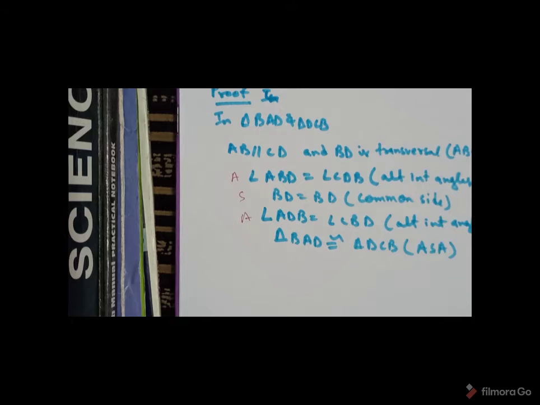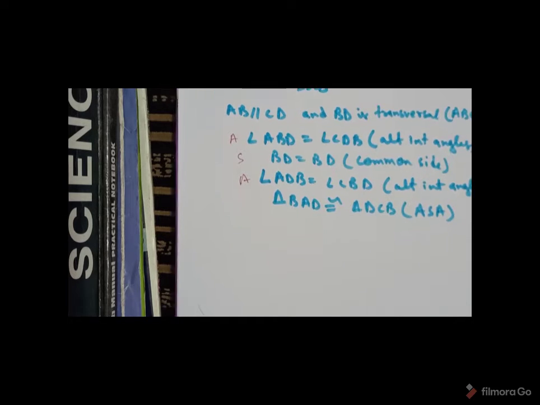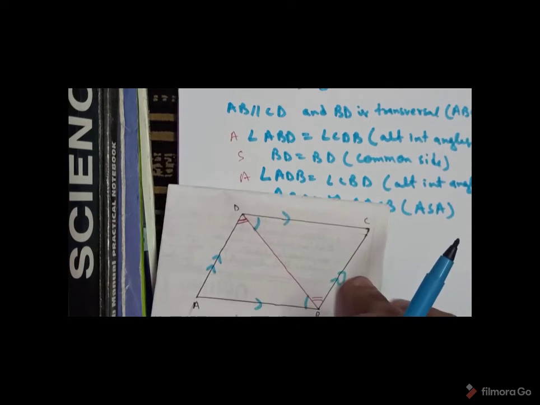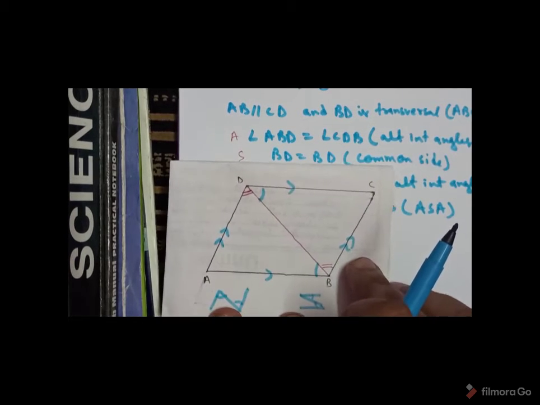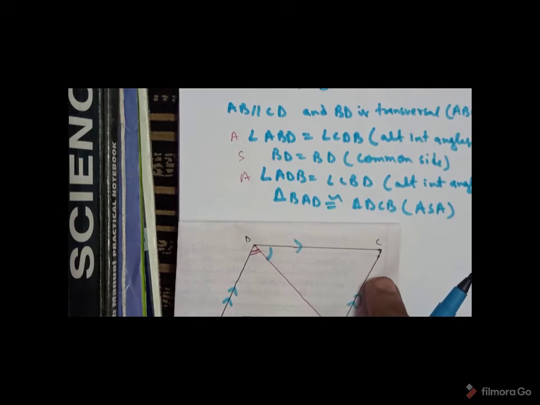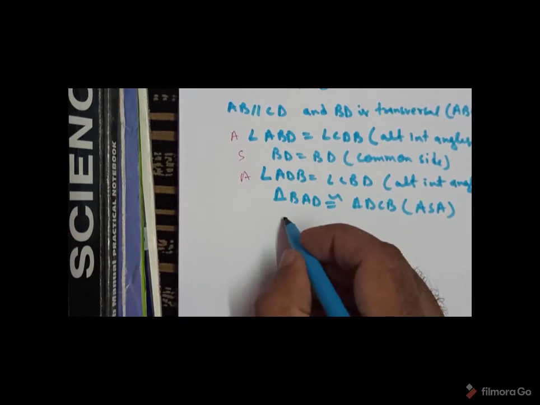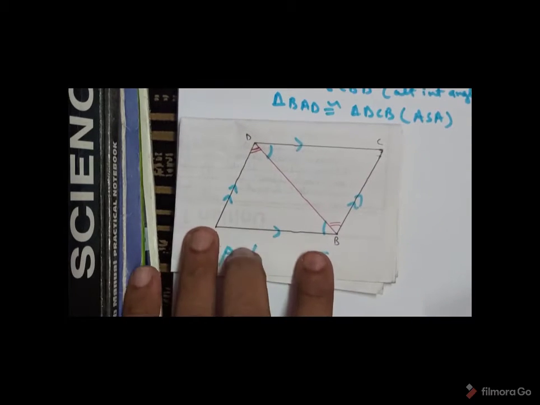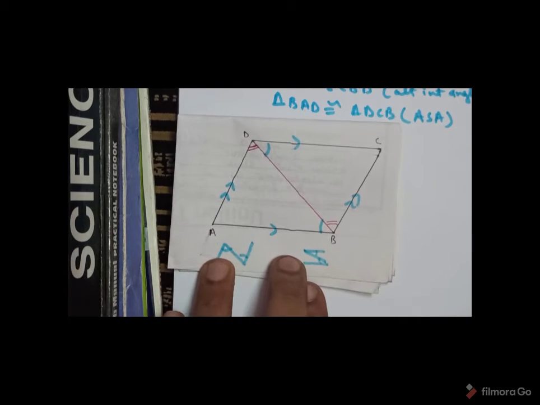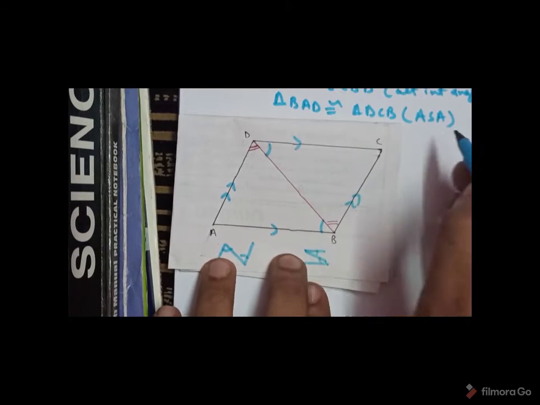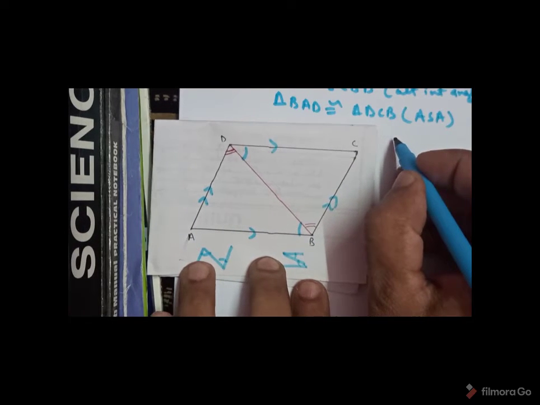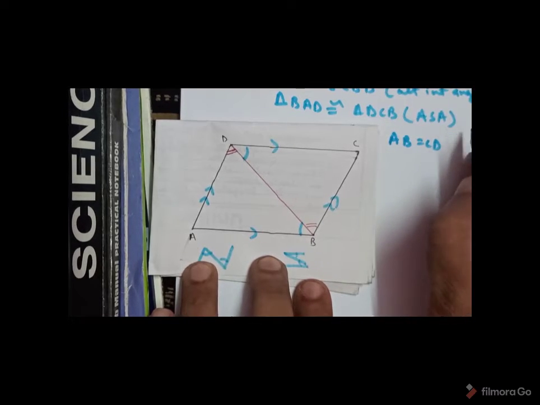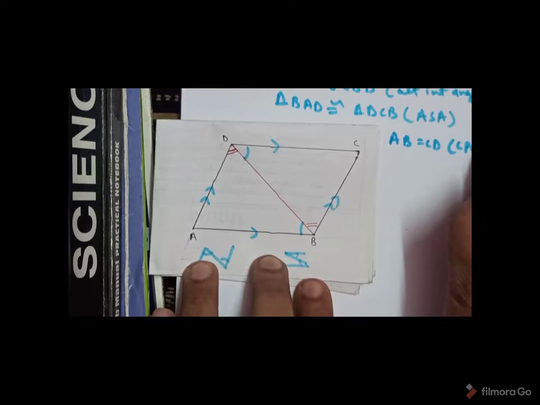And if triangle BAD and triangle DCB are congruent, we can also say that AB and CD are equal, by CPCT.